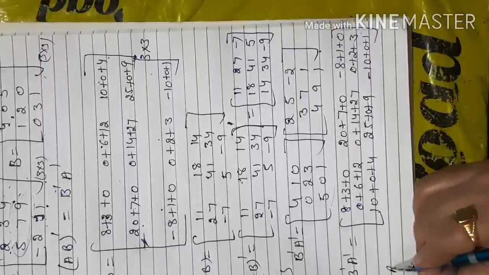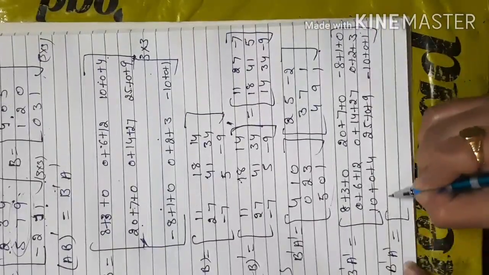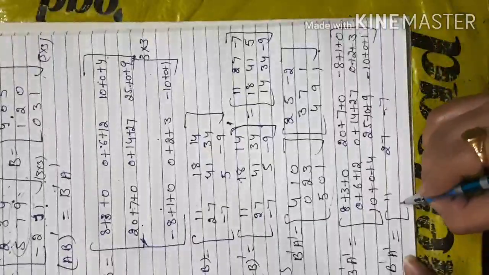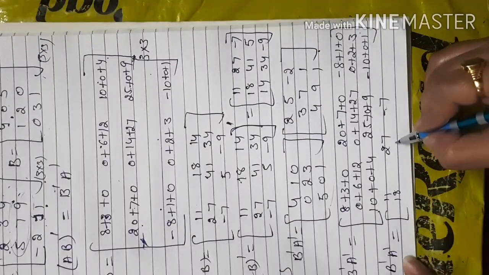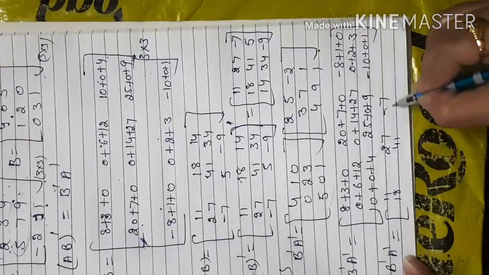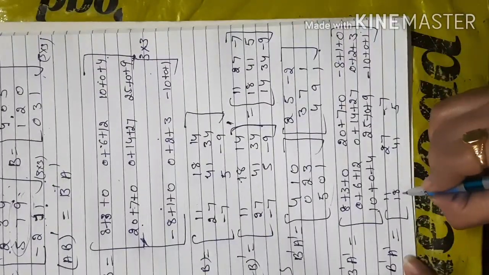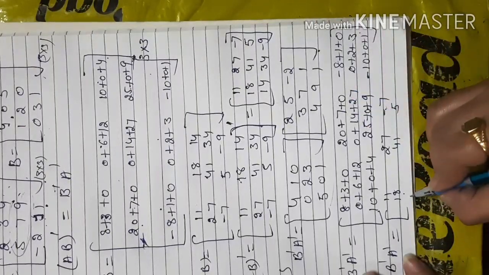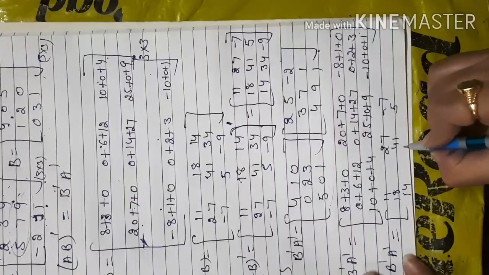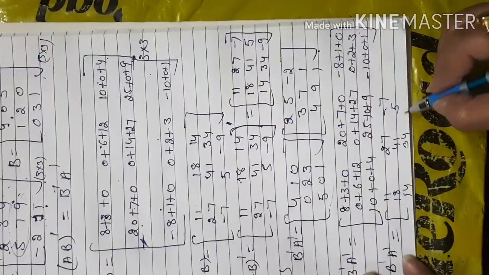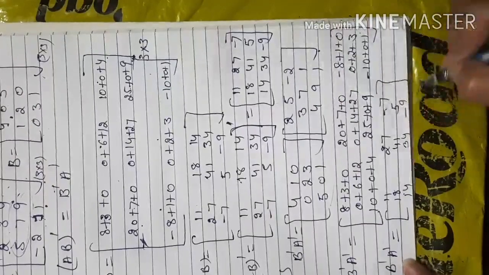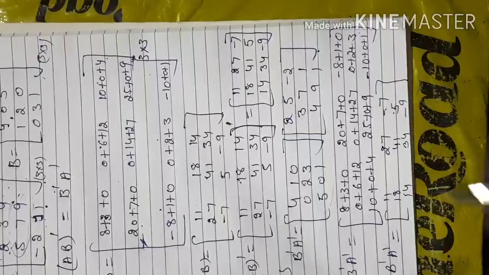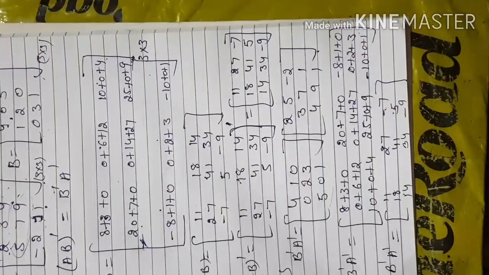So now I will check what my answer is here. That gives me 11, 27, minus 7, 18, 14 plus 27 is 41, 5, then 10 plus 4 is 14. So 25 plus 9 is 34, and minus 10 plus 1 is minus 9. So that is exactly the same as this. If you multiply first and then transpose, that is exactly the same as first you transpose then multiply.